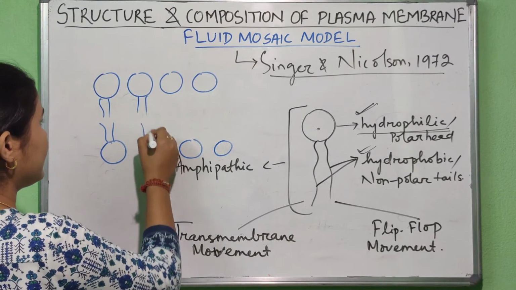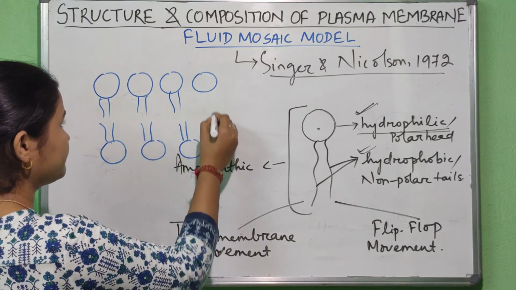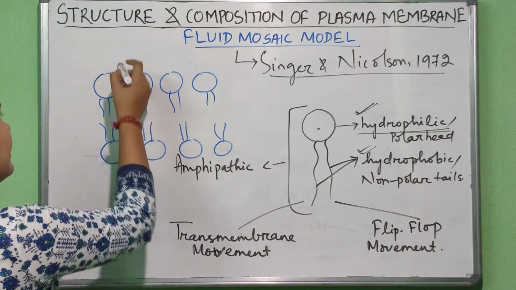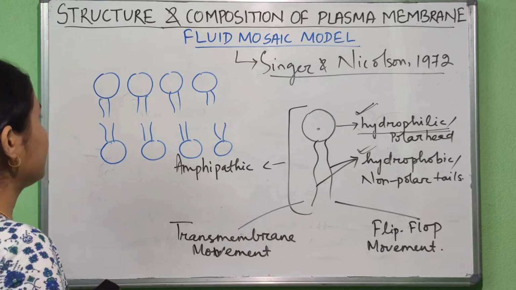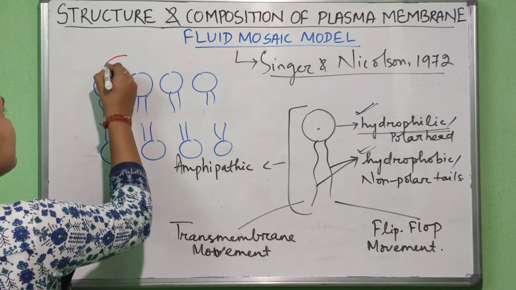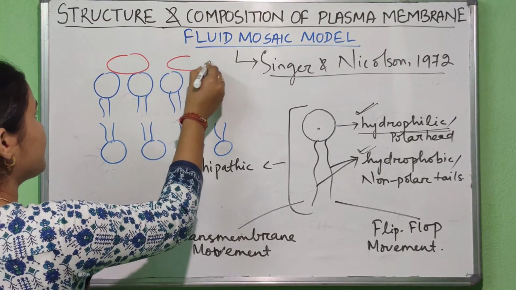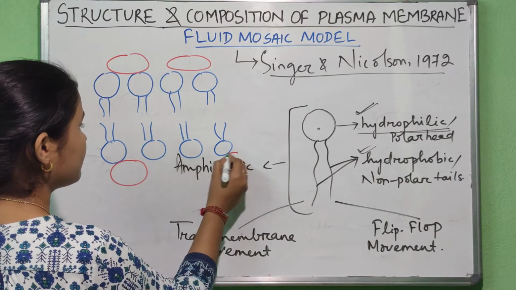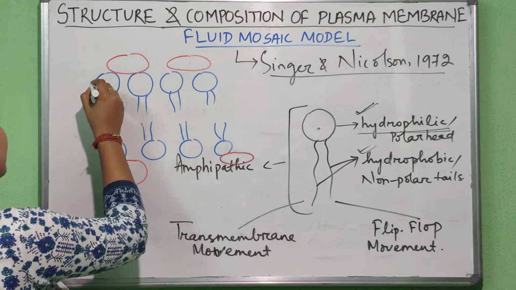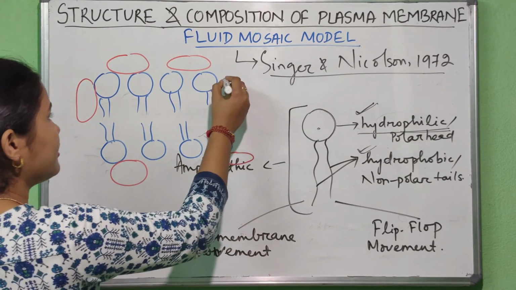This is the tail part. And there are some proteins attached to the lipid. These are some extrinsic proteins, whereas this is the intrinsic protein.